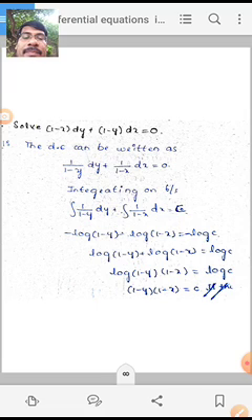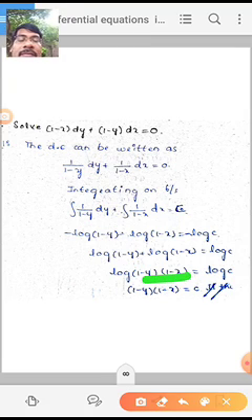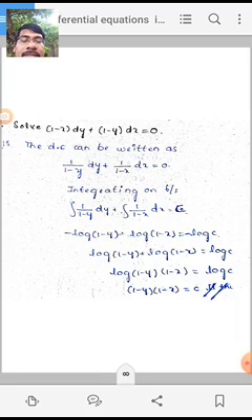Here log a plus log b is equal to log ab. We have to apply this formula. We are getting log (1 minus y)(1 minus x) is equal to log c. Here (1 minus y)(1 minus x) is equal to c, as the log cancels on both sides. This is the solution of the given differential equation.